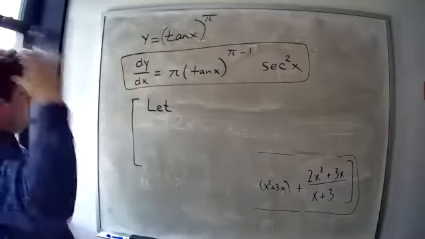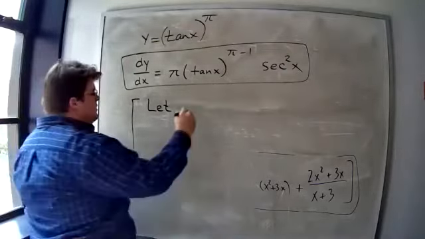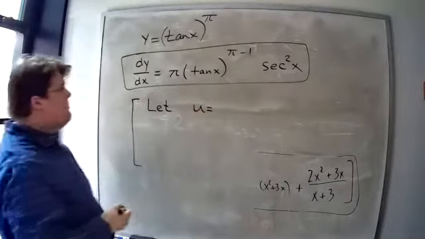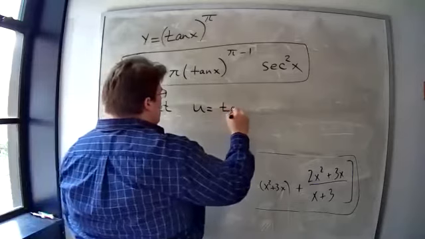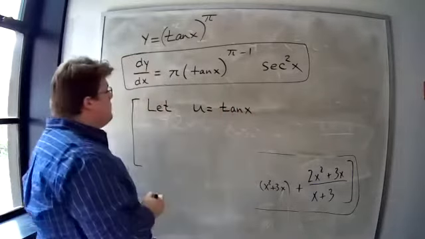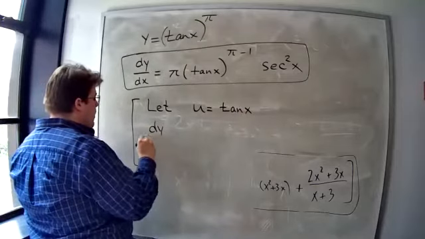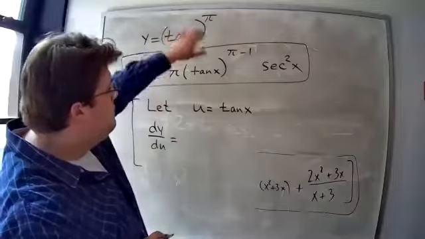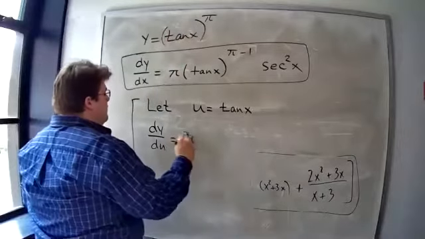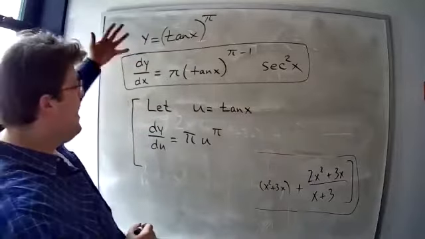And what would the details for this look like? I will illustrate the details, the actual substitution. Well, we have something to a number. Let's let u be that something. u equals tangent of x. What is dy du? Well, y is u to the pi.